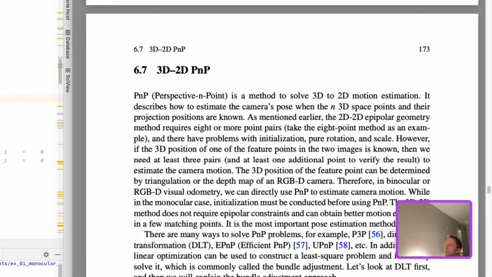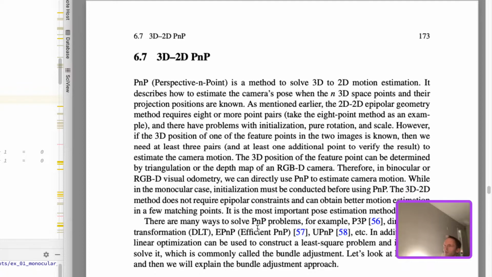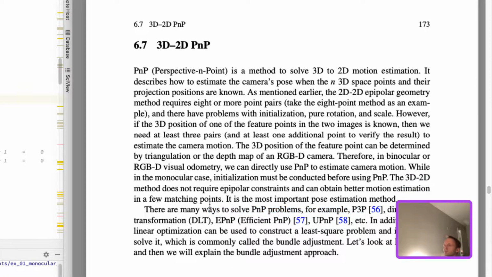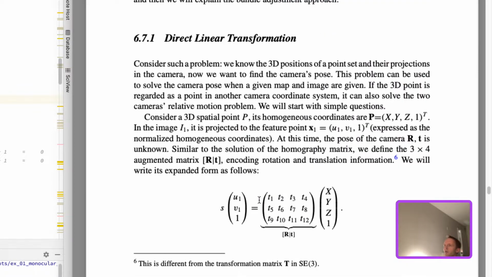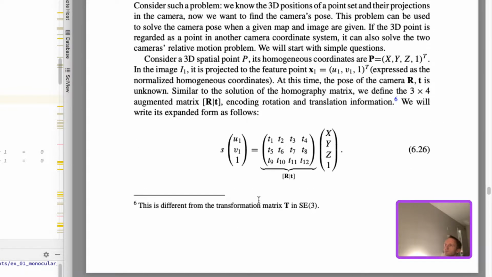We would need to initialize otherwise, but here we don't. There are many ways to solve PnP. 1, 2, 3, 4 ways.